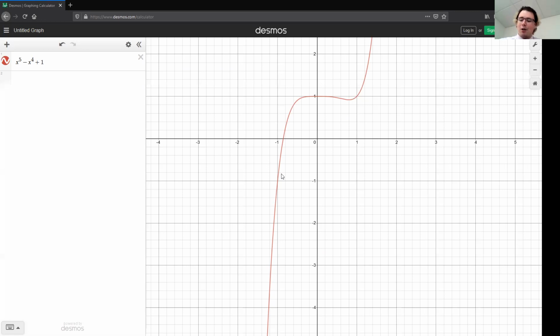So we'd like to know, how can we find these roots even when we don't have things like the quadratic formula? There is no quadratic formula for fifth degree polynomials.